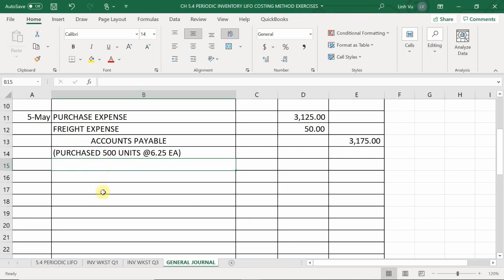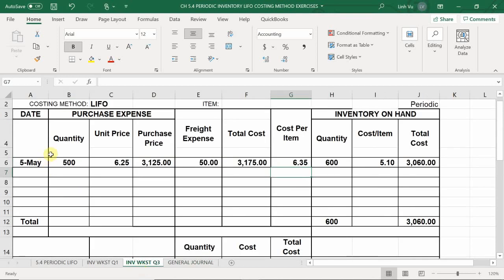Yes. Okay. Good. So 500 units at 625, that's pretty straightforward.